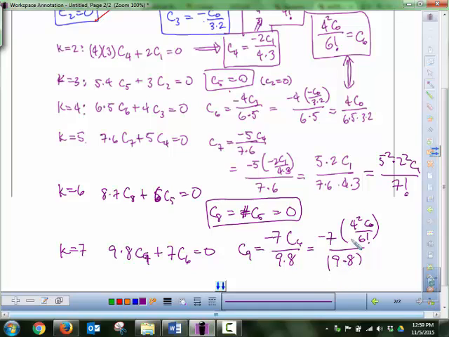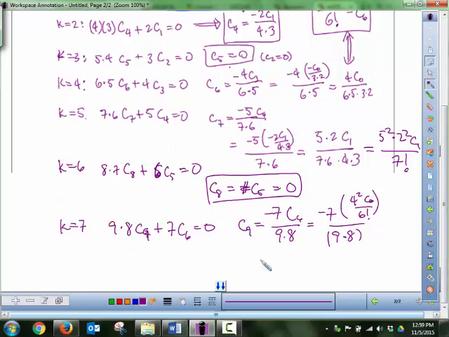So if we bring the 6 factorial down, we got negative 7 C sub 0. Oh, we got 4 squared there too. 7 times 4 squared C sub 0 divided by 9 times 8 times 6 factorial.